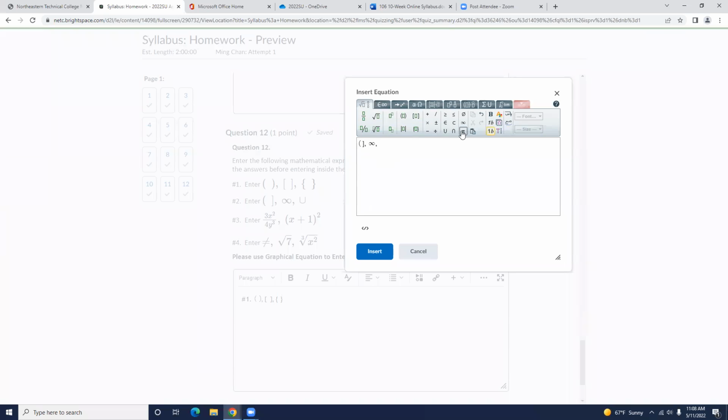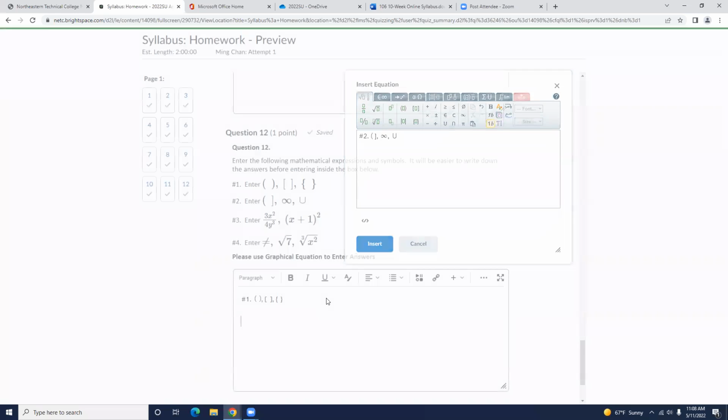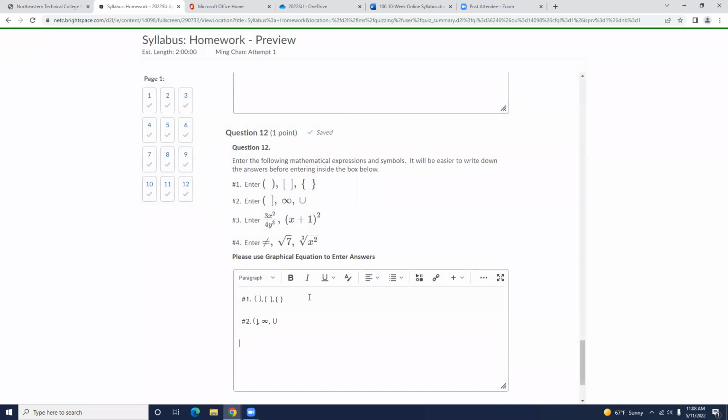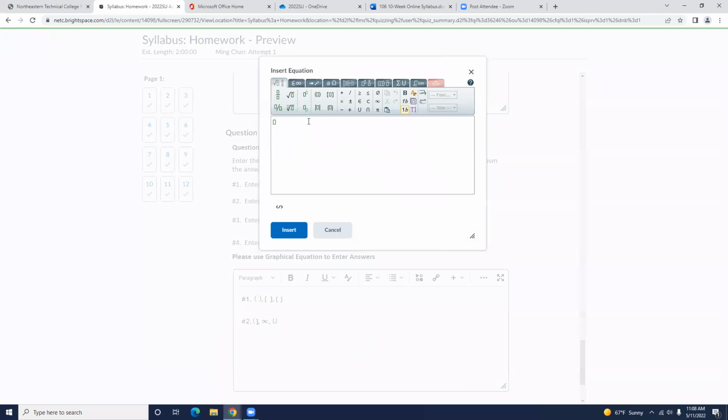So comma, union sign is right here. Oh, I forgot, I'm typing number 2. Don't type all the answers in one line like students do for number 3, because it's really hard to read. Insert, press enter, and go back into graphical equation for number 3.